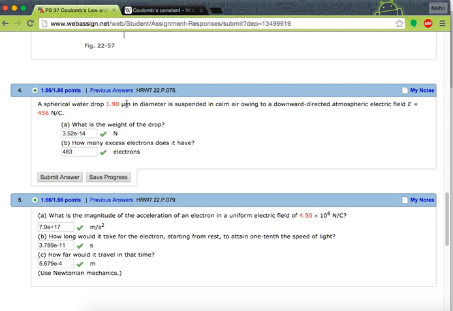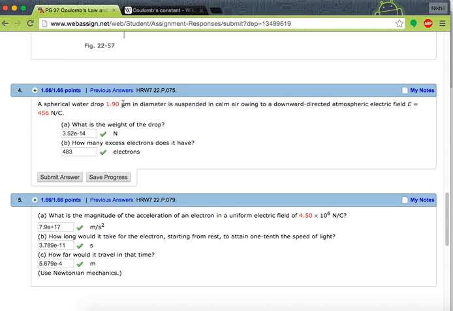So 1.9 divided by 2, 0.95. 0.95 times 10 to the minus 6, because it's a micrometer. 4/3 pi r cubed, that is the volume, and this is going to be in meters cubed.